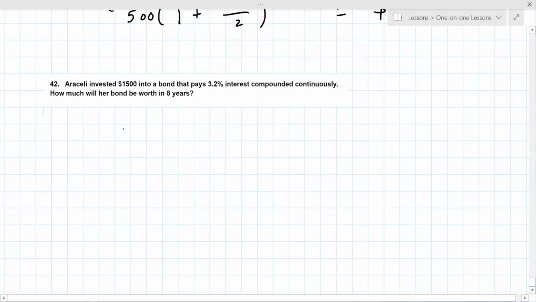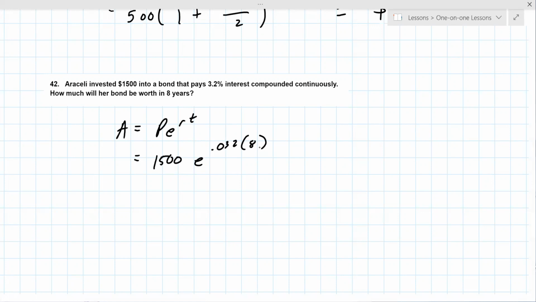It is a different formula: A equals P e to the rt. Your principal is $1,500, your rate is 0.032, and that's for 8 years. I get 1937.63. Yeah.